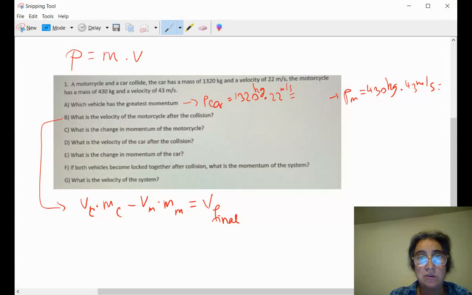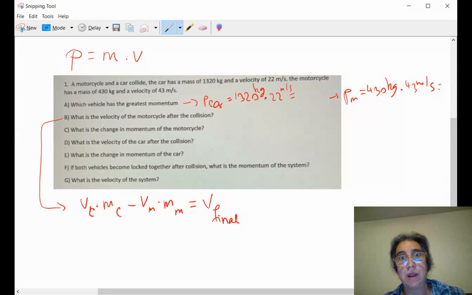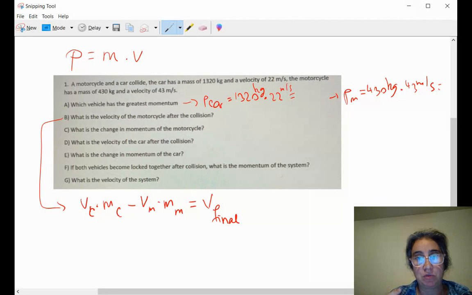Once they collide, you can imagine they keep moving, because they have different momentums. That's why it won't be zero.